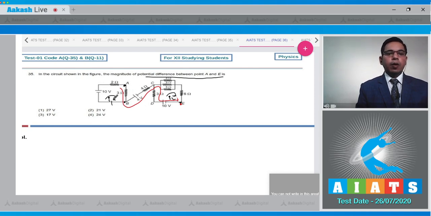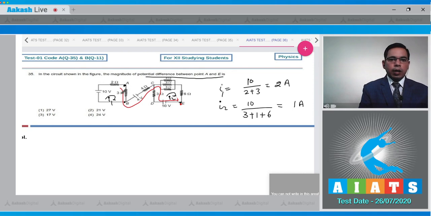Okay. Now we can calculate I1 as 10 divided by 2 plus 3, that means 2 ampere, and I2 will be equal to 10 divided by 3 plus 1 plus 6, and it will be 1 ampere. Now here the potential drop will be positive and here negative, here positive, here negative, and there will be no drop.